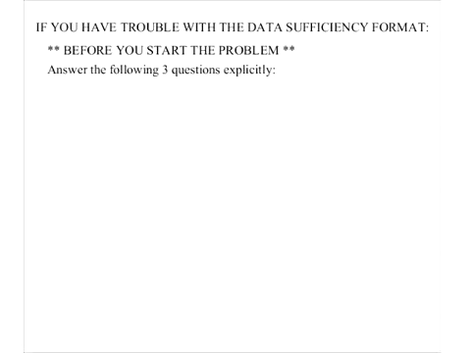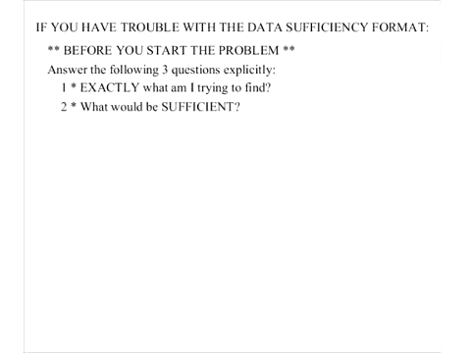The first question is, exactly what am I trying to find? This is important because if you find the wrong thing, you will usually get the problem incorrect. Second question is, what would be sufficient? Like, what's good enough to be sufficient? And then what would be insufficient?